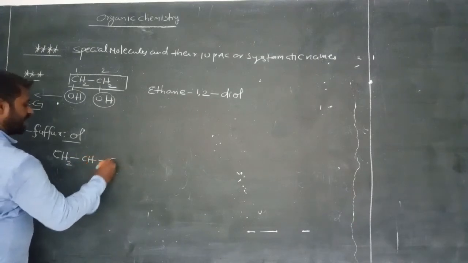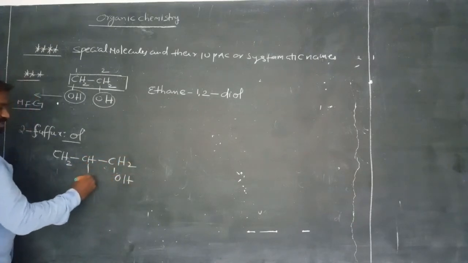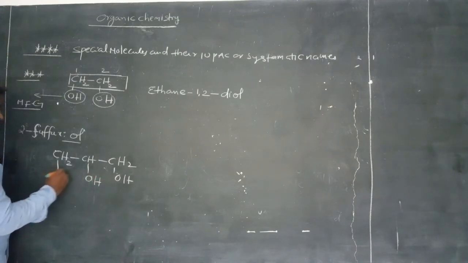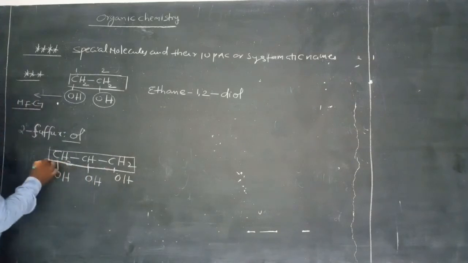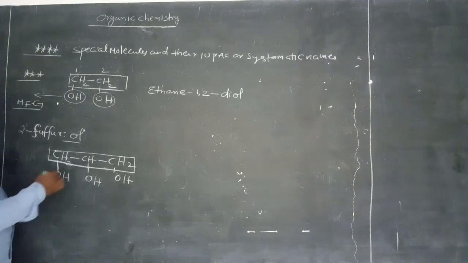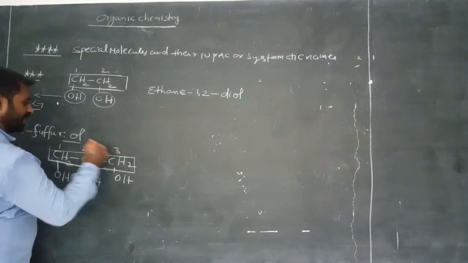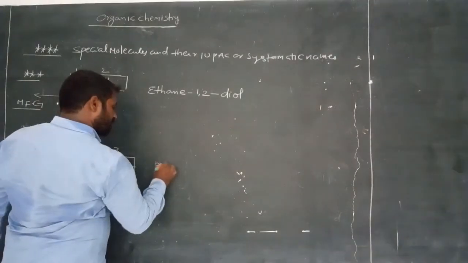CH2OH, CH2, and OH, so it is OH, OH. What is the main chain? All have a similar functional group. 3 OH, alcoholic functional groups. Now give the numbering 1, 2, 3. The longest chain consists of 3 carbons. So what is the root word?